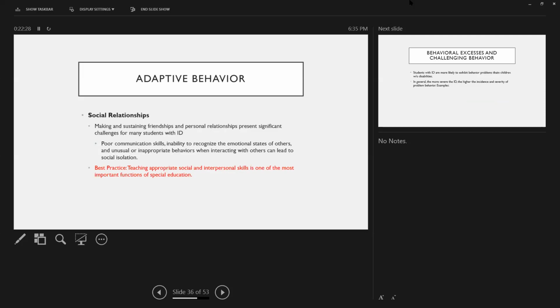And so certainly for students with intellectual disability, IEP goals related to appropriate social and interpersonal skills should be figuring prominently in their IEPs, because these are one of the significant deficits that people with this condition experience.